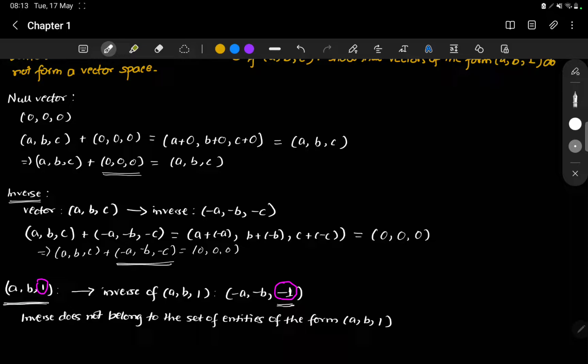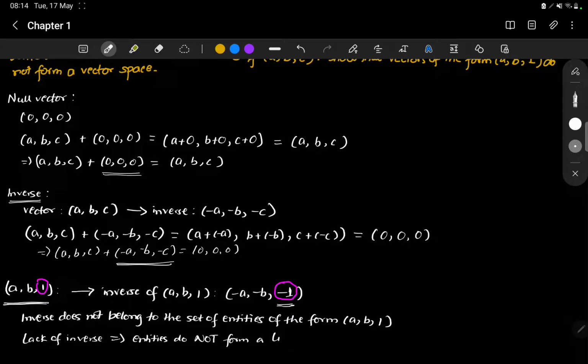And by the axioms of the linear vector space, we know that the inverse needs to exist. The existence of inverse is required for a group of objects to be called a linear vector space. So lack of inverse would mean that these entities do not form a linear vector space.